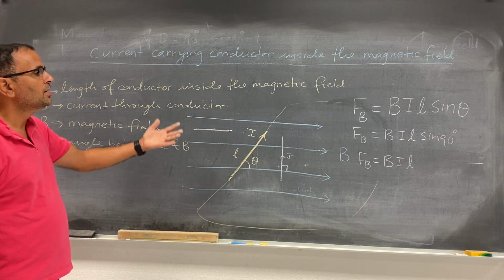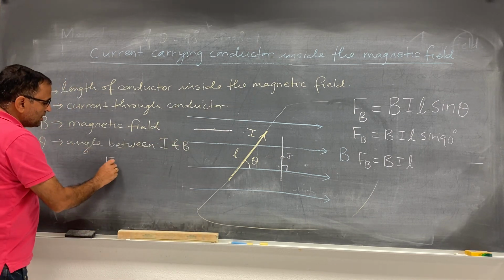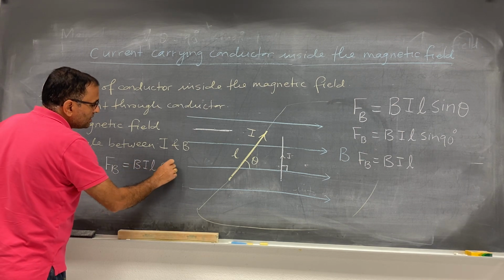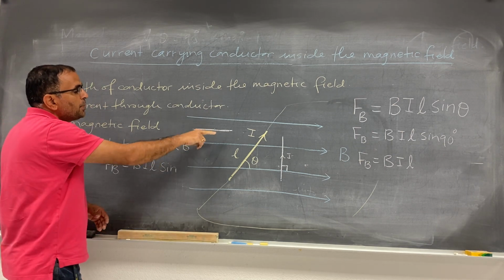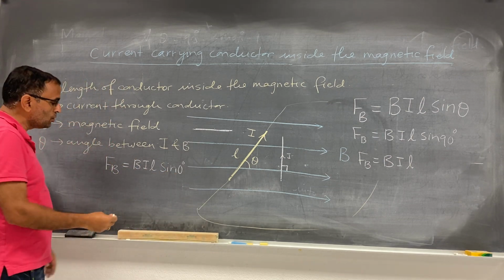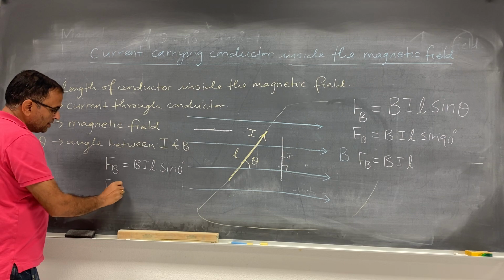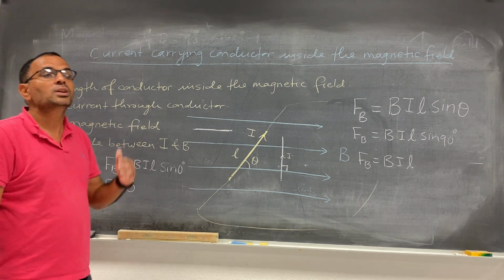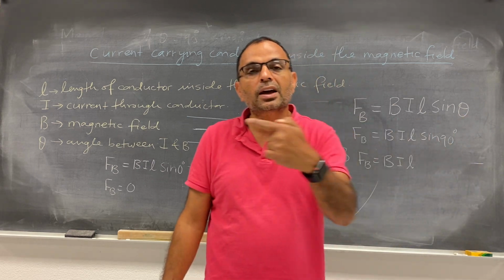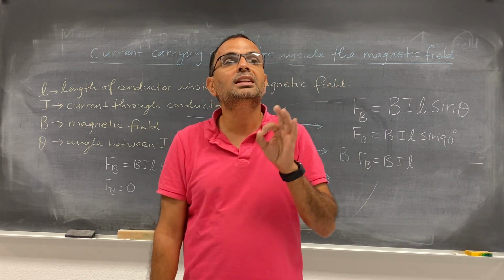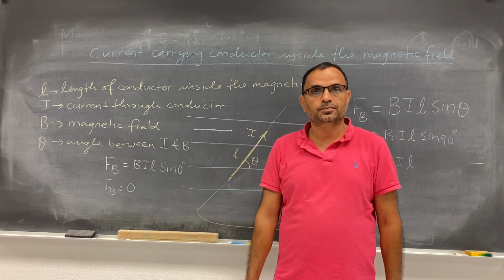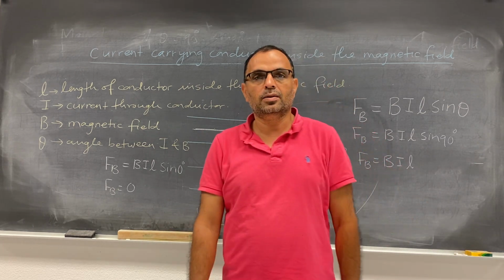So in this case, the magnetic force is B I L sine theta, but if it is parallel, theta is equal to 0 degrees, and you know that sine 0 degrees is 0, so everything is 0. So if the current carrying conductor is sitting parallel to the magnetic field, that means theta is equal to 0. In that case, no magnetic force.